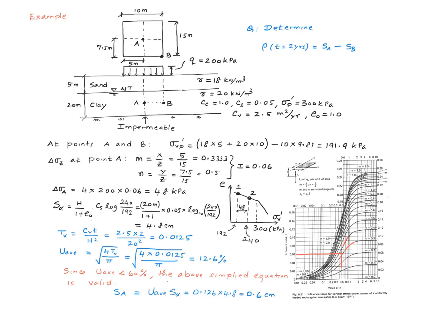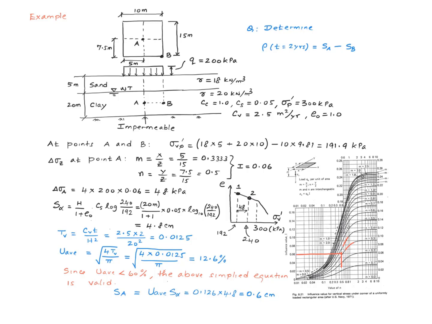But it turns out that U average is only 12.6%, and therefore this simplified equation is valid. Now I can calculate my settlement at point A 2 years after the application of the load by this equation right here, and it works out to be 0.6 centimeters.